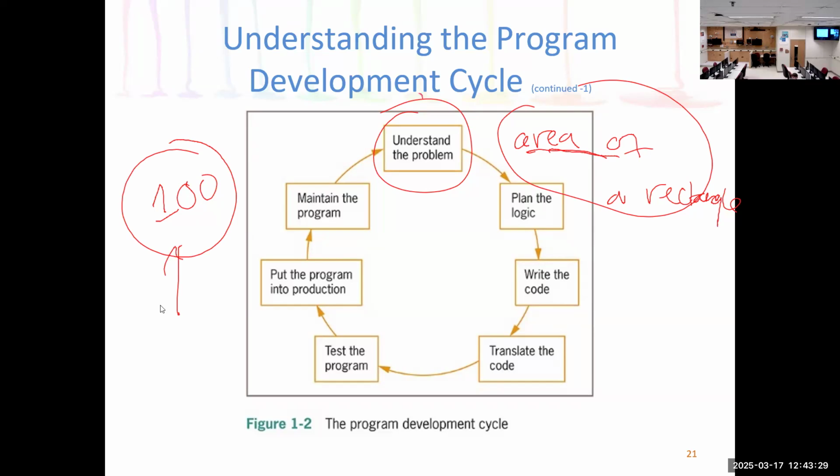Right? So basically in the process of understand problem, the first step for sure, you have to be very specific about what is the expected output. From the expected output, you can figure out what you need in order to deliver the expected output. And in plan logic, you have to put out the formula or instructions. For this one, it's quite simple, you just put it together.